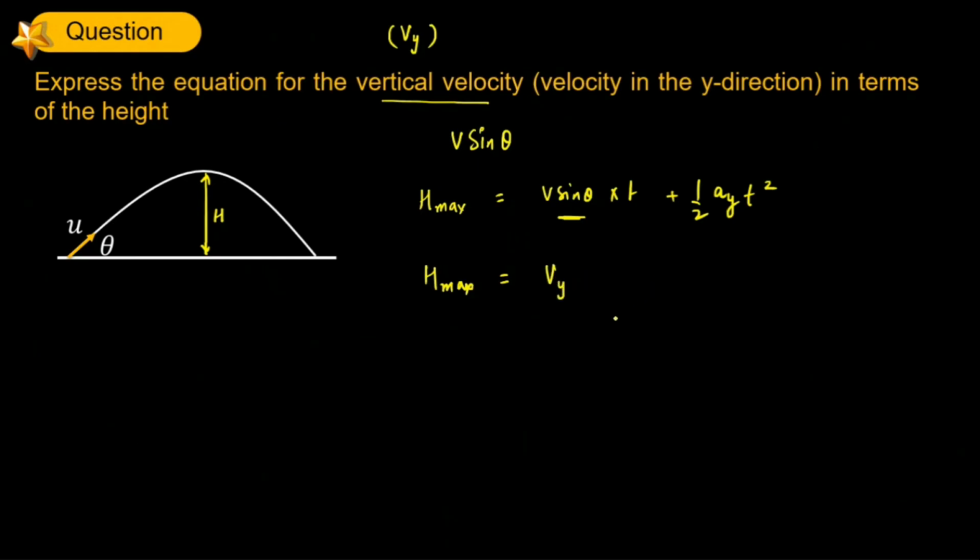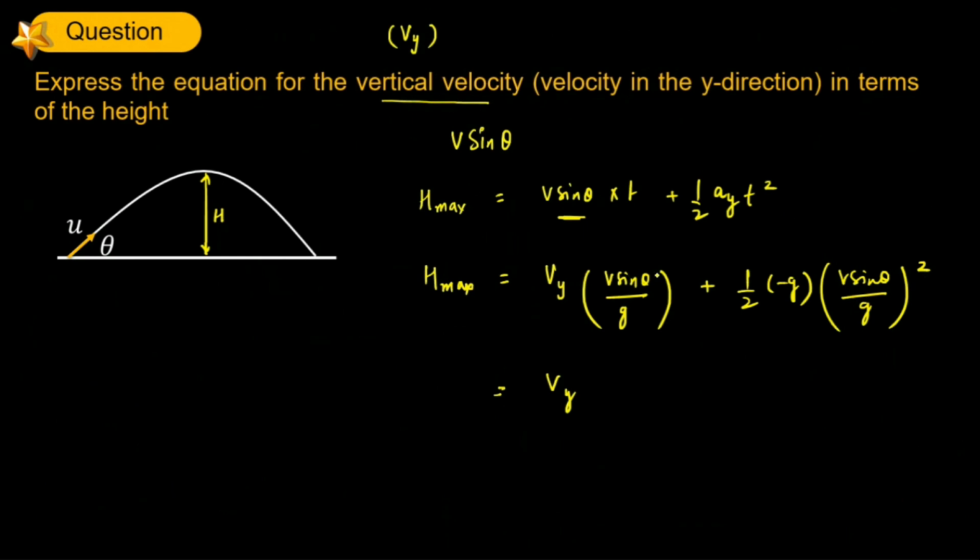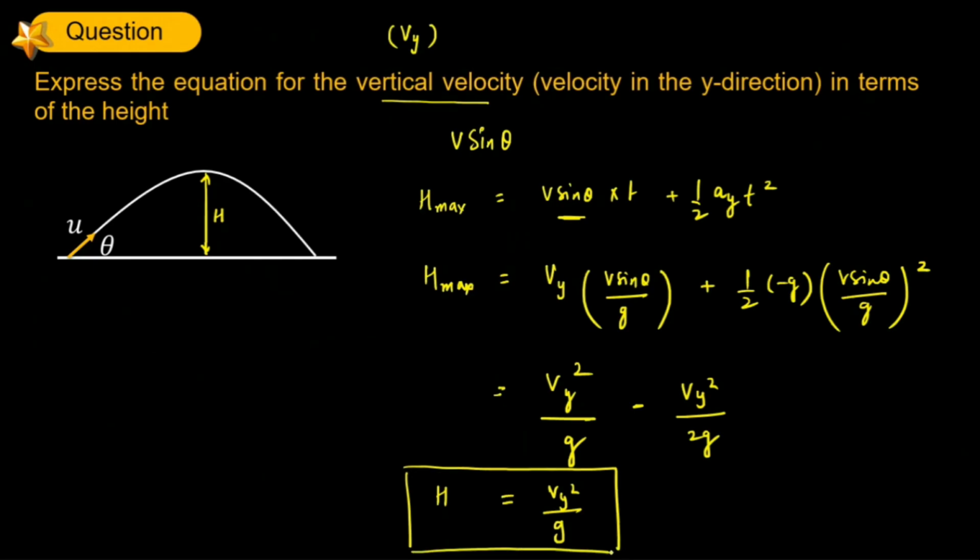What is the time that we found? We found v sine theta by g, plus half of negative g times v sine theta by g whole square. Now if you look at this equation once again, v sine theta is again Vy. So I can write Vy square by g minus Vy square by 2g, which is going to be Vy square by 2g. This is the relation of maximum height in terms of vertical velocity.